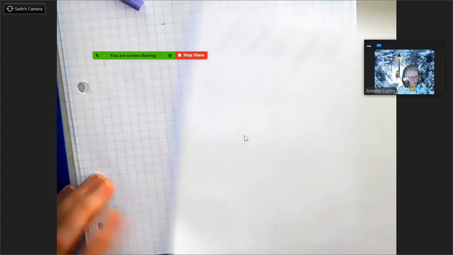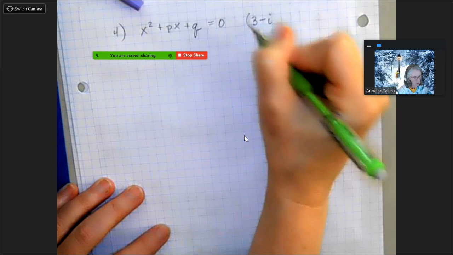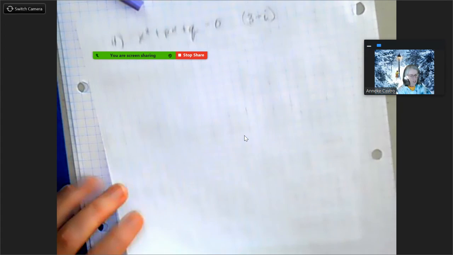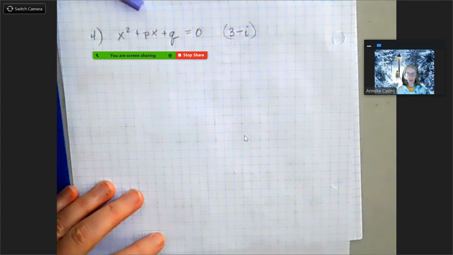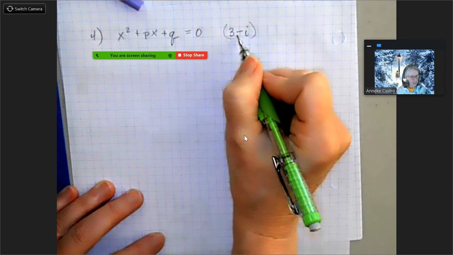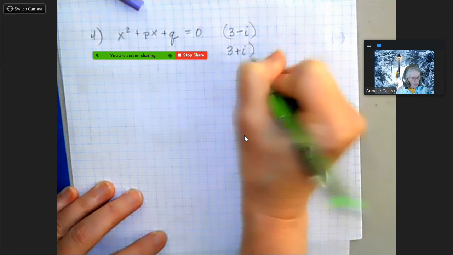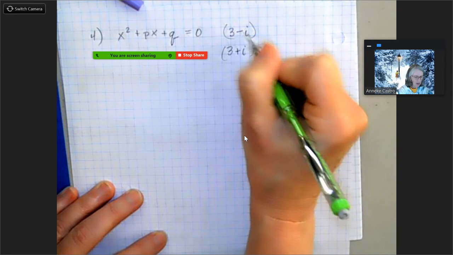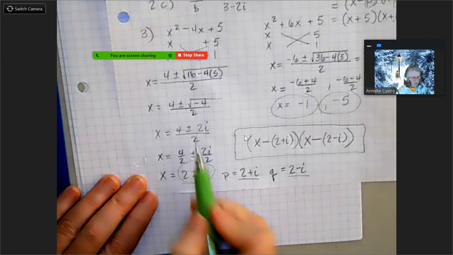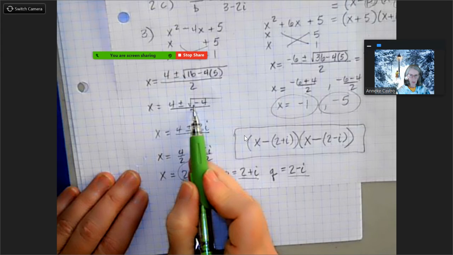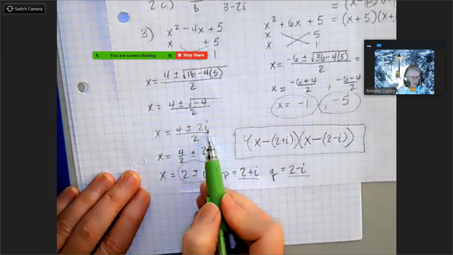So we know that one of the solutions is 3 minus i. Well, when you have imaginary solutions, if one of them is this, the other one has to be 3 plus i. The i happens because we have the square root of a negative, that's the only way you're going to get the i.